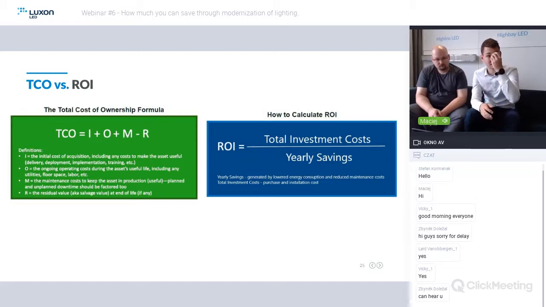Right now, for example, we are finishing a pretty big installation for one of the European leaders of wooden windows.